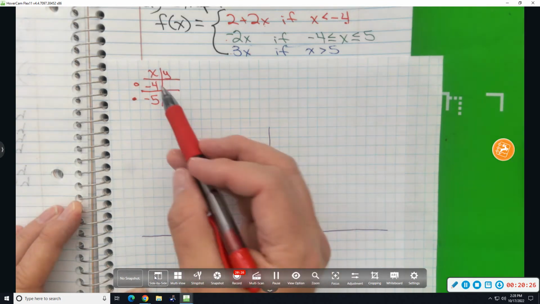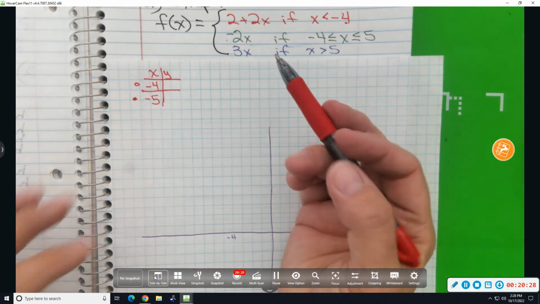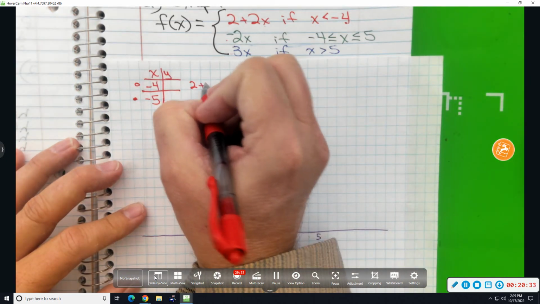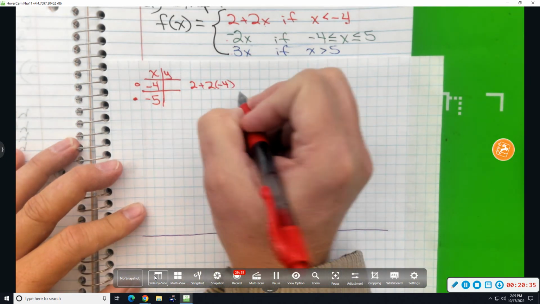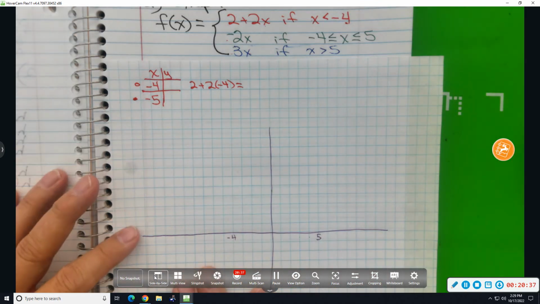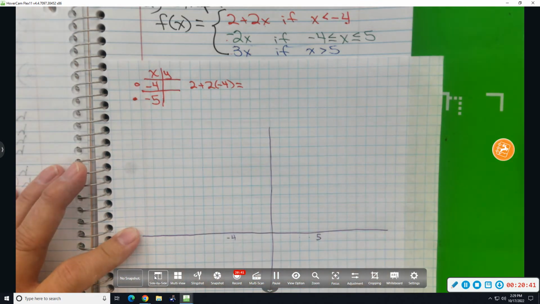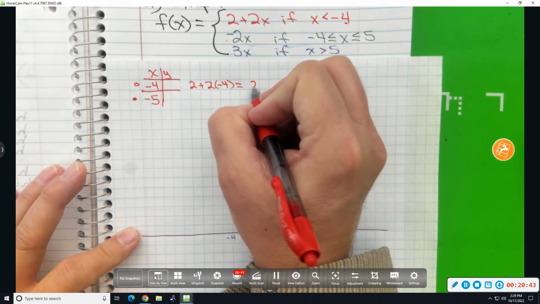Let's plug the -4 into the red piece. Plugging -4 into the red piece, we get 2 plus 2 times -4. Well, 2 times -4 is a -8. So we have 2 plus -8.